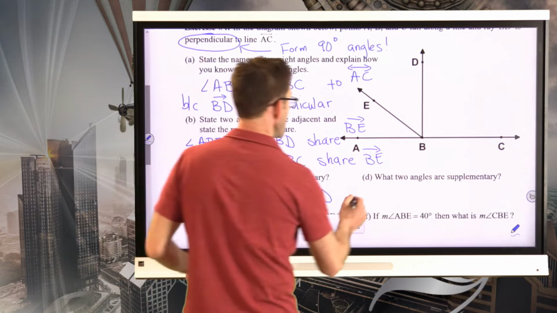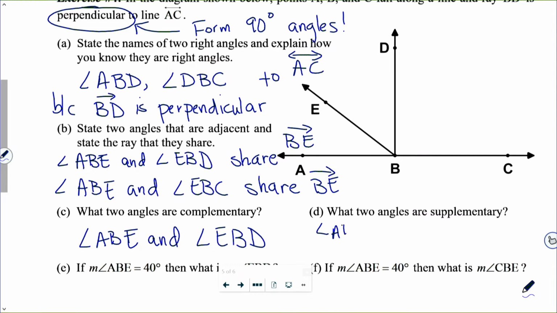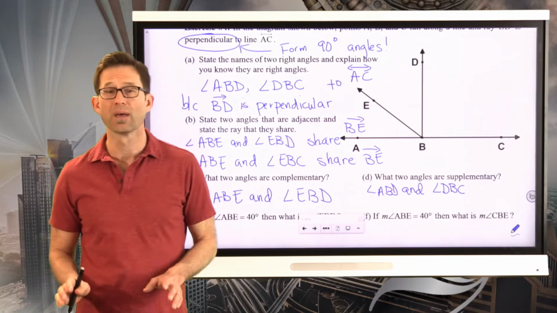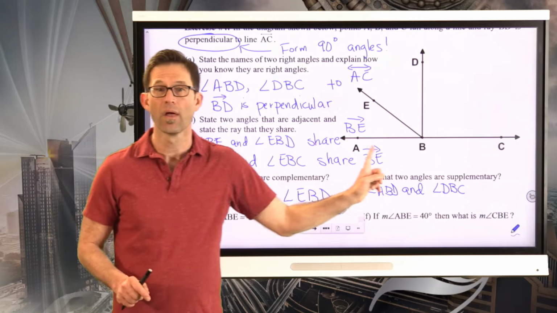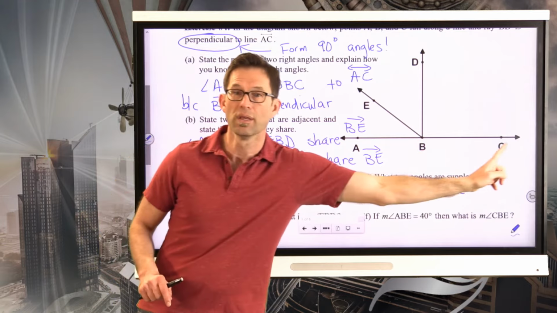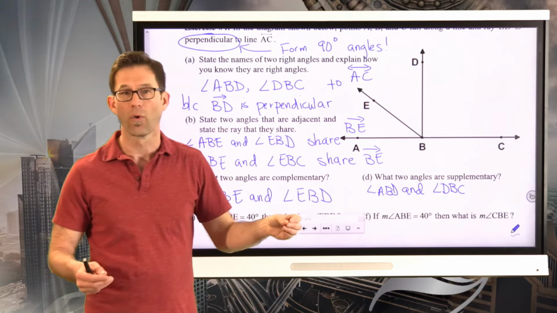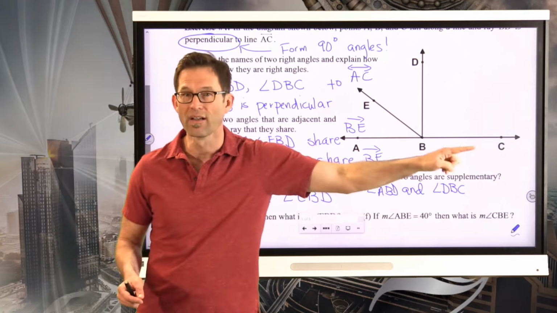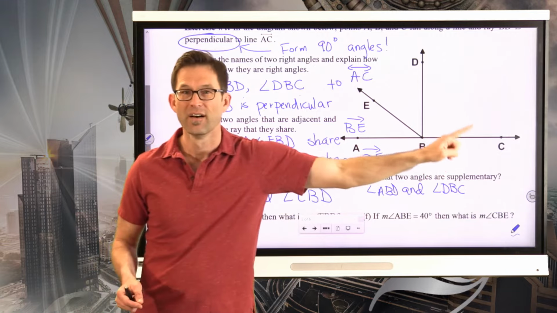All right, so let's write that down. ABD and angle DBC. All right, but there's another pair of supplementary angles, right? This angle, ABE, when combined with this angle, EBC, also would form a straight angle, right? A straight angle.